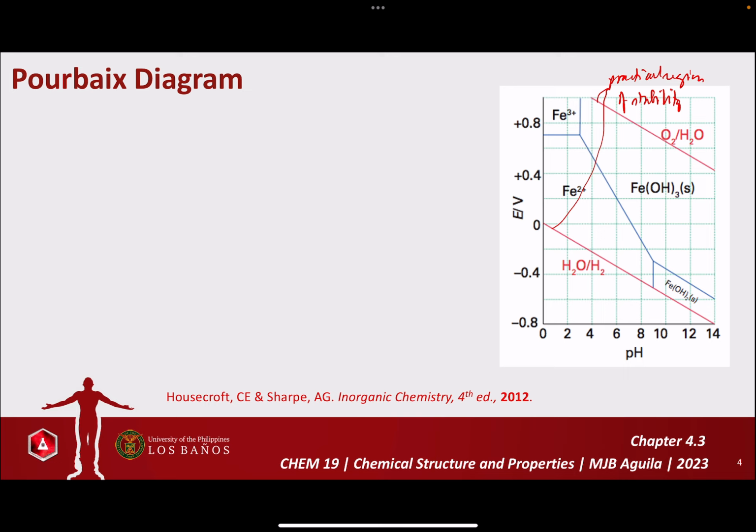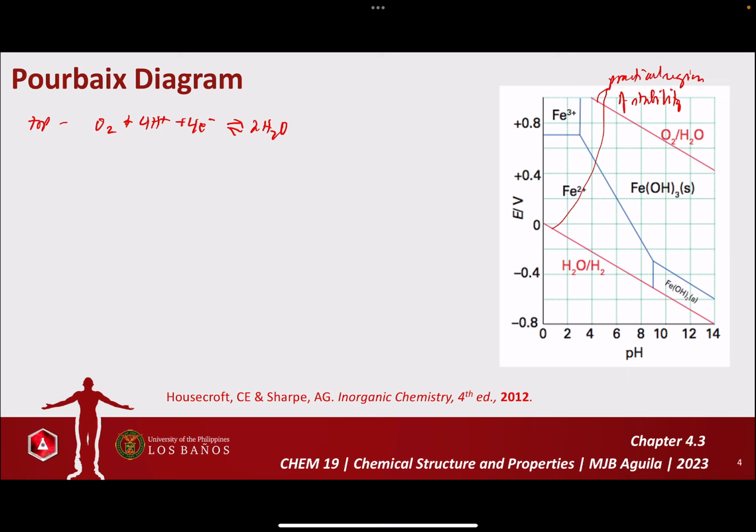So for this case, the top line is actually represented by an equilibrium, which equation is listed as oxygen plus 4 H plus proton plus 4 electrons to give you water. So this is the reduction of oxygen.